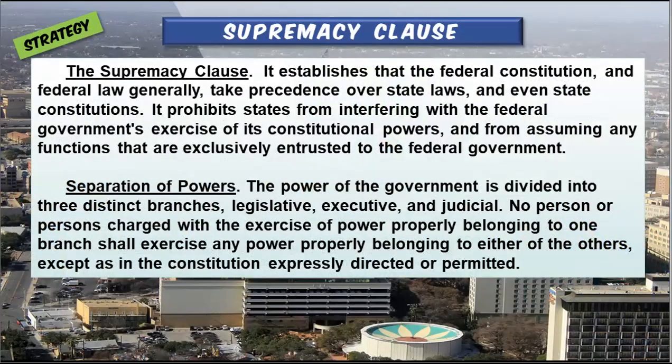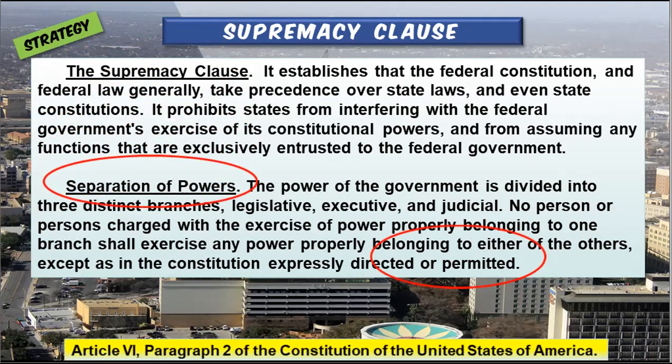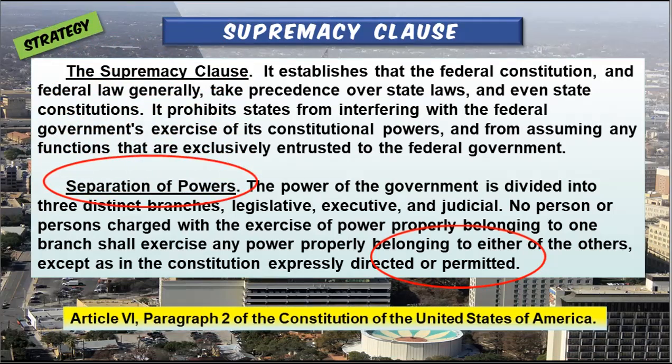So why is this possible? Why is the IRS able to create rules that either circumvent or are just not involved with the child support program? As you know, our government works on what is called the supremacy clause, which established that federal government rules and laws supersede those of state law, and state law cannot interfere with federal law. That is the supremacy clause, which is Article 6, Paragraph 2 of the Constitution of the United States.